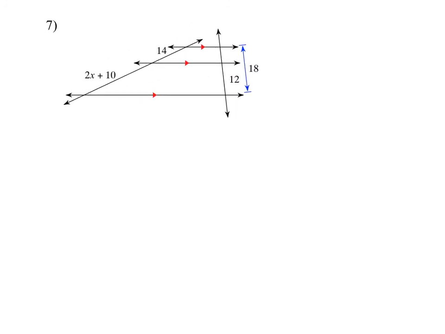Okay, so the next one. Again, this one is easier for us to identify the value of this segment. This one is 12, the whole segment is 18, so that one has to be 6. So 2x plus 10 is to 14 as 12 is to 6. Again, the order is important.